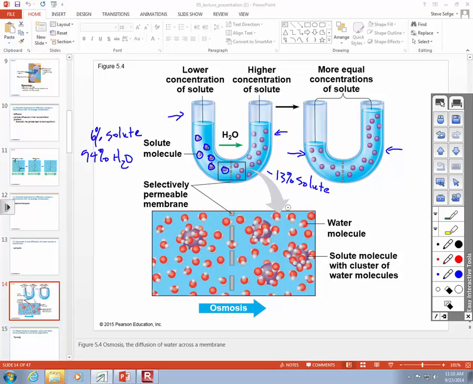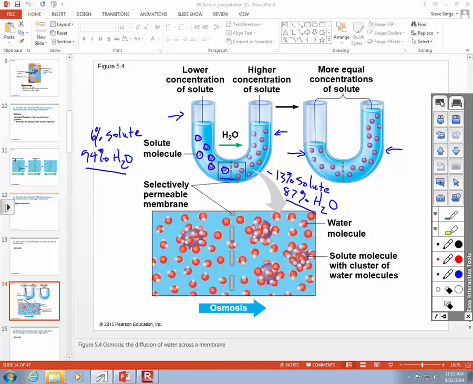And that would leave me with an 87% water. Okay, so when we're talking about if the solute cannot move, then the only thing that can move is the water. Water's going to go from where you have more of it, in this case 94, to where you have less of it, in this case 87.